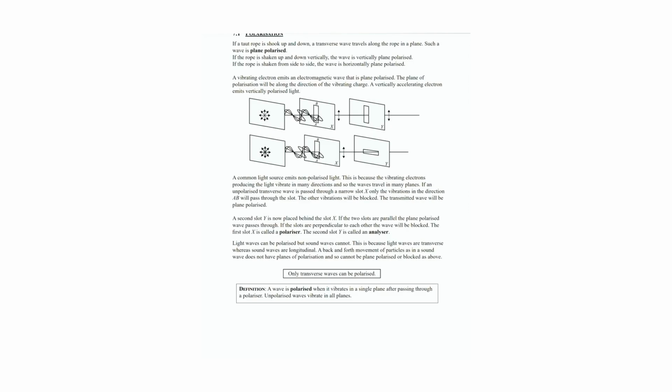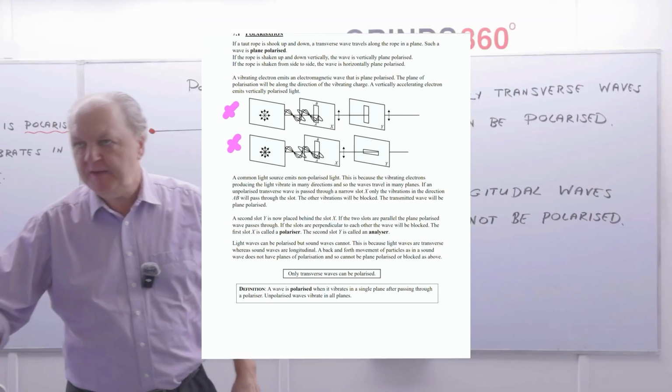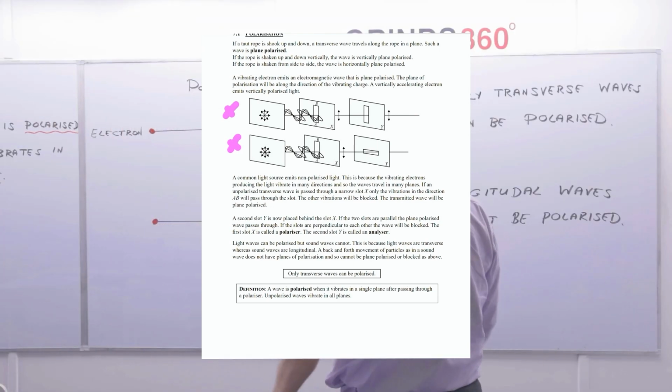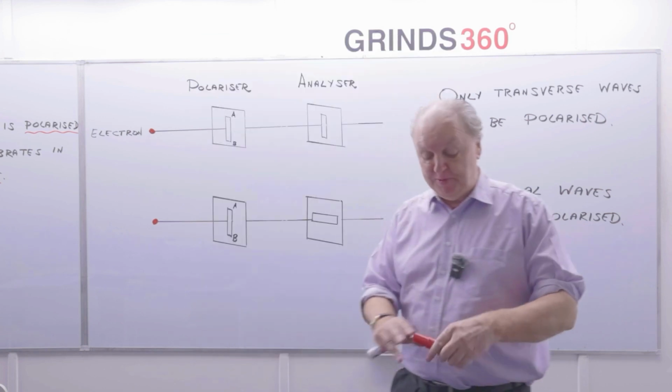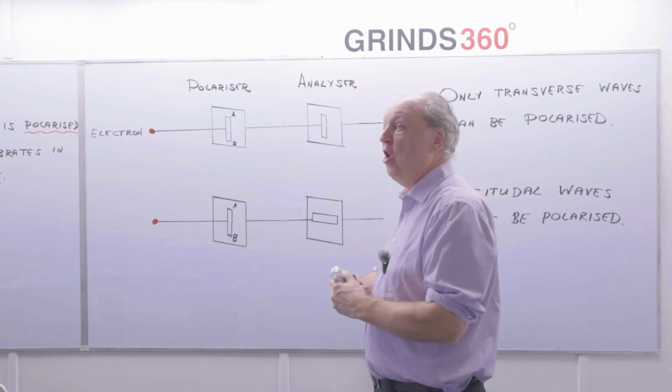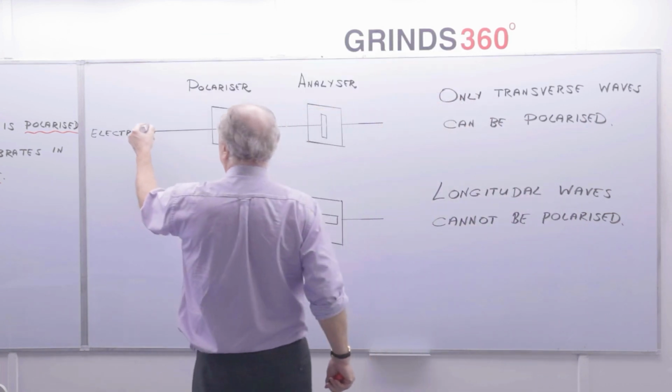Next I'm going to do a little bit of analysis on my polarized or unpolarized waves. I'm going to pass them through obstacles with little gaps in them, as you can see here and here. Let me have a look at that in detail on the board. Let's say I've got an electron in a bulb that vibrates in all different directions.